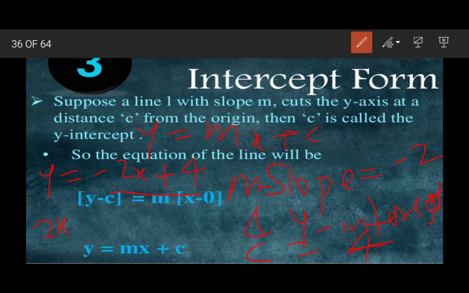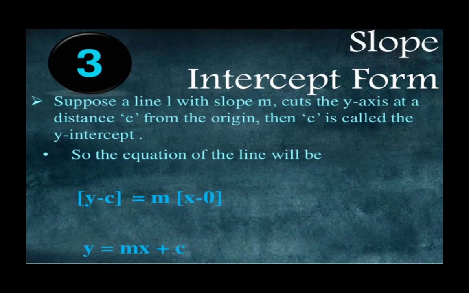So that will be 2x plus y minus 4 equal to 0. This is the equation of a line. Okay. So equation of a line is clear. When slope is given and y-intercept is given, then we can find the equation of a line by using the formula y is equal to mx plus c.